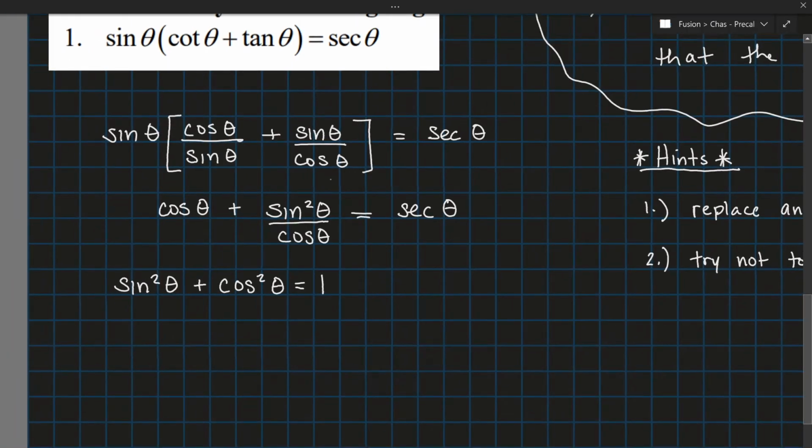If our ultimate goal is to just replace sine squared theta, then what could we manipulate? How could we manipulate this to where we could just replace it with something else? Well, sine squared theta. Yeah, everything's going in my mind. It's like adding or subtracting or multiplying.